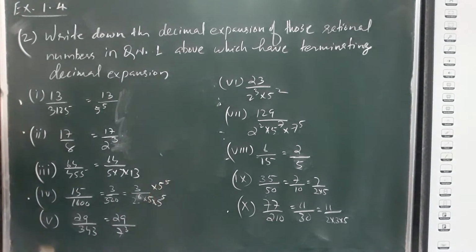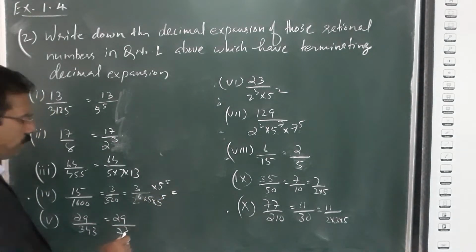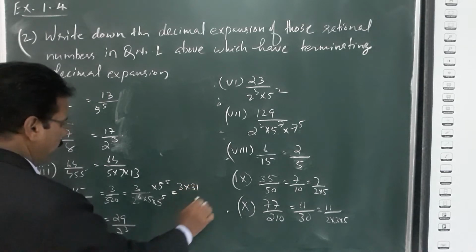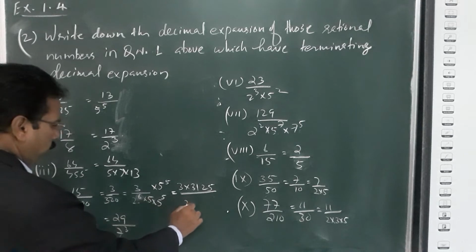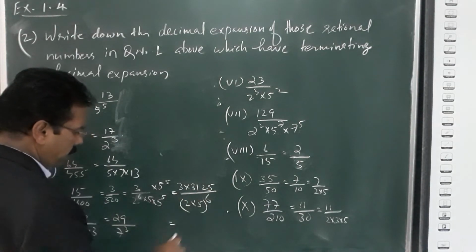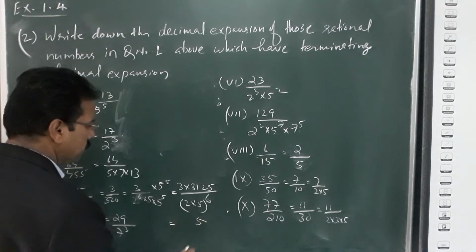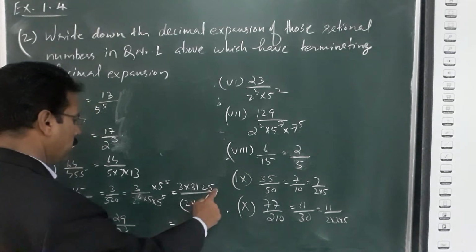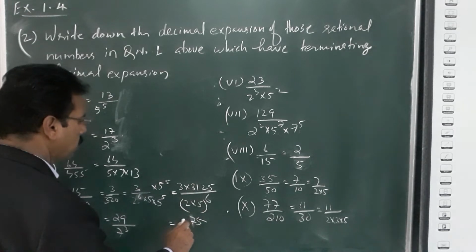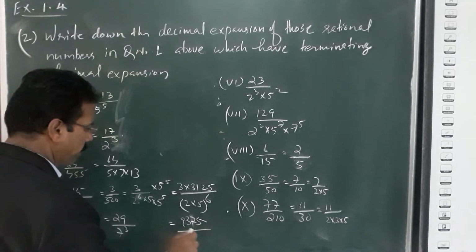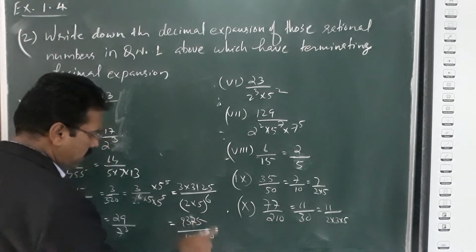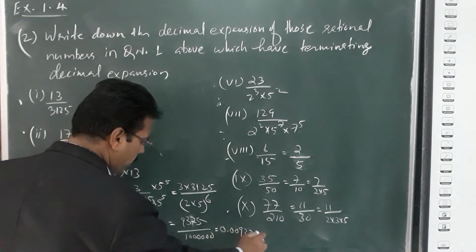You have to multiply numerator and denominator with 5 raised to 5, which is 3125. So 3 into 3125 divided by (2 into 5) the whole raised to 6 is equal to 9375 divided by 10 raised to 6. 6 zeros, 4 places are there, so 0.009375. This is the decimal form.